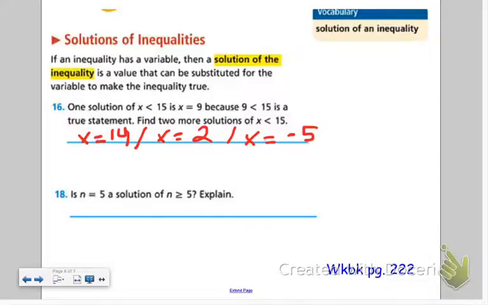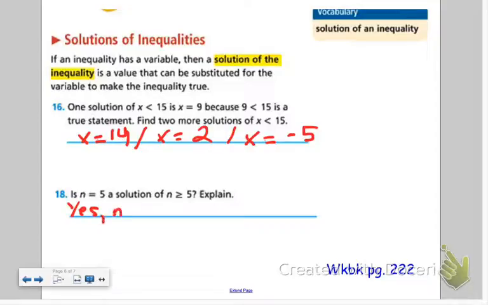Now we're going to skip to number 18. Is n equals 5 a solution of n is greater than or equal to 5? Explain. Meaning, could n be 5 in this situation? In this case, yes.